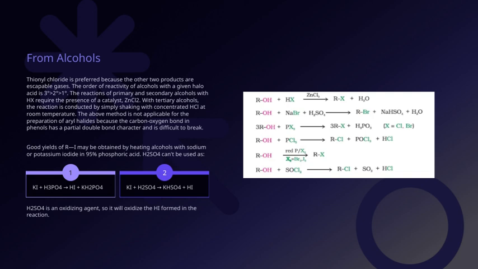No catalyst needed. One key point to remember is that this method isn't suitable for making aryl halides, like in phenols, because the carbon-oxygen bond there has partial double bond character, making it much harder to break. So overall, these reactions and conditions are tailored based on the type of alcohol and the desired halide.